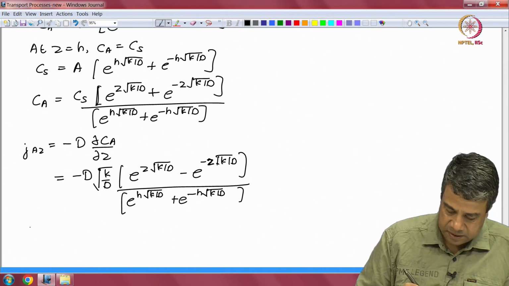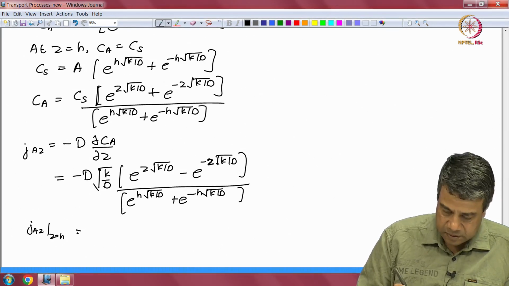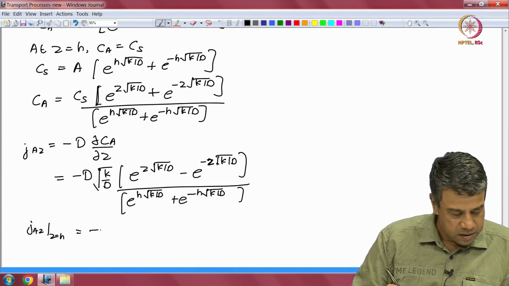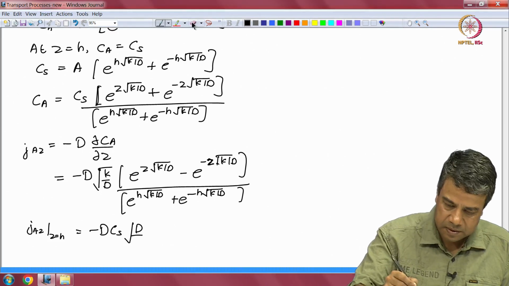So, the flux at z is equal to h is equal to minus d C s root of d by root of k by d, I am sorry.